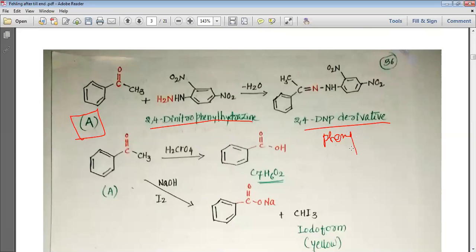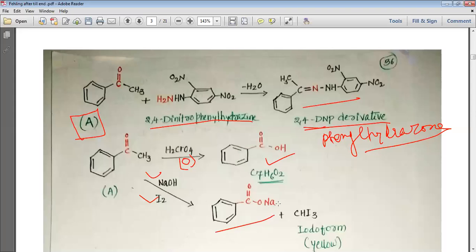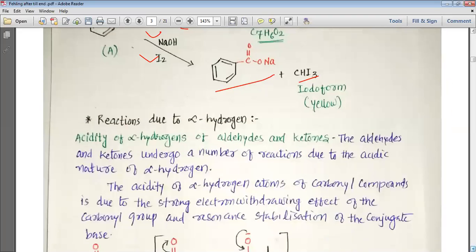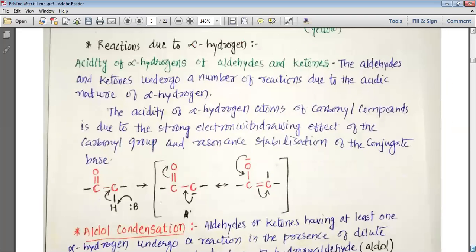In the same way, when it is oxidized with H2CrO4, it gives us benzoic acid, and with iodine and sodium hydroxide, it gives sodium benzoate as well as yellow colored precipitates of iodoform. So this is how, my dear students, we can solve such long questions. Generally such questions are asked for 3 marks, and you should know how to solve them.